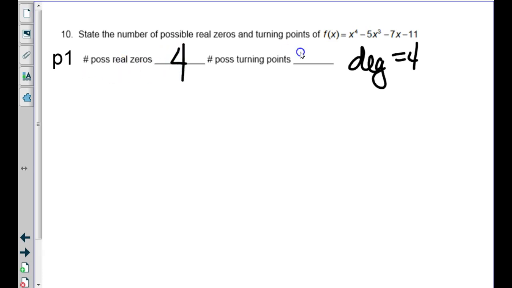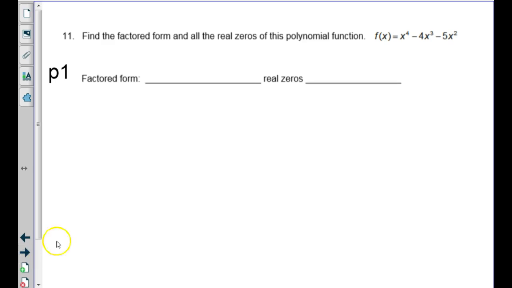Number of turning points is? Everybody good? It's degree and degree minus 1. That's it. It doesn't mean there's 4 real zeros, but it says the number of possible real zeros. Equal to the degree. Everybody okay?